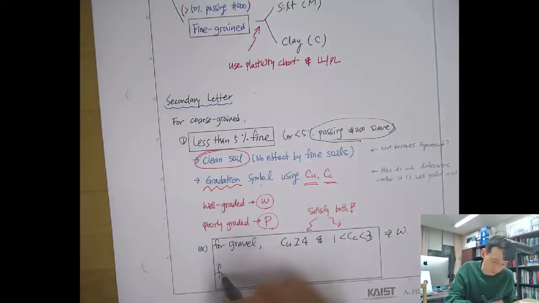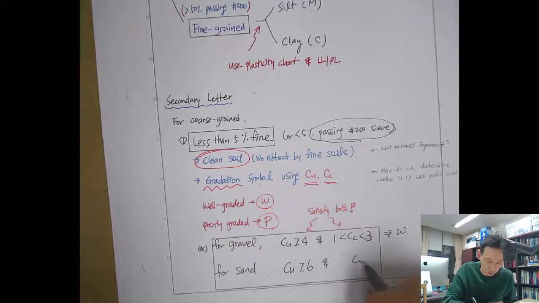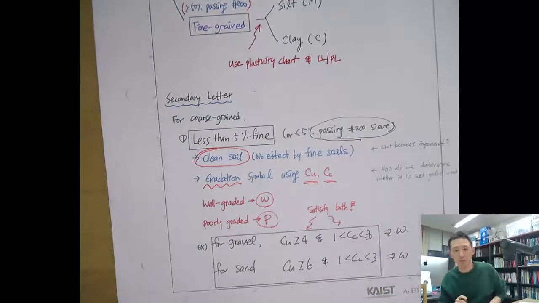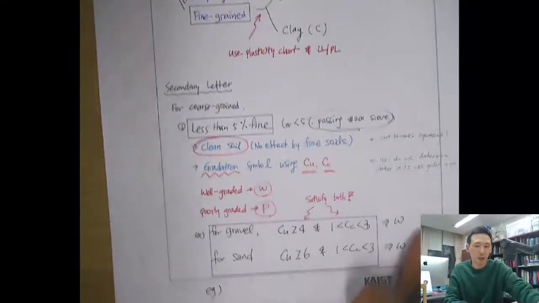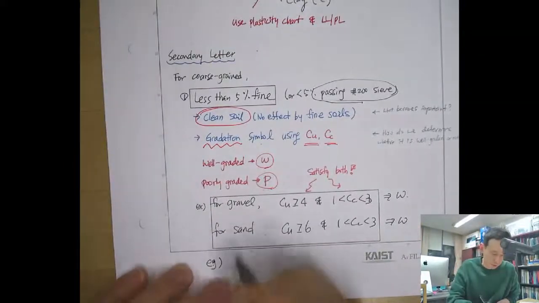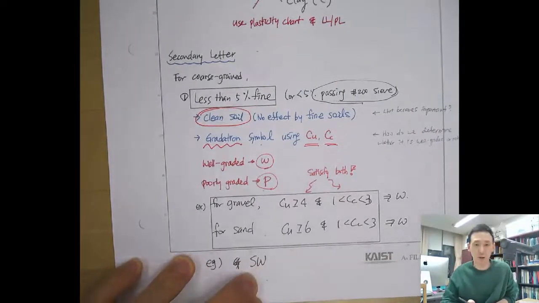For sand, CU changes, so CU should be larger than 6 and the CC should be between 1 and 3. So for example, if it's sand and it's well graded, it's SW.